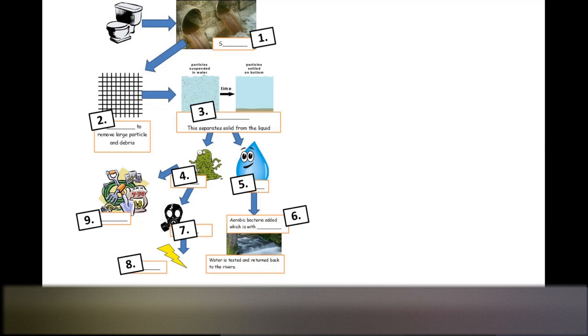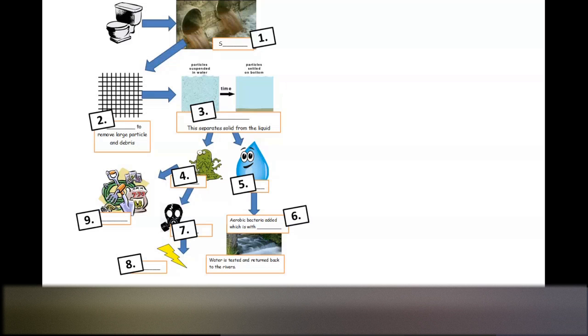Good. So what I'd like for you to do is write what those words are. So what is word number 1, 2, 3, all the way up to 9? So don't write it in the comment box, just write it on your piece of paper. It's kind of blurry. It's not very clear.